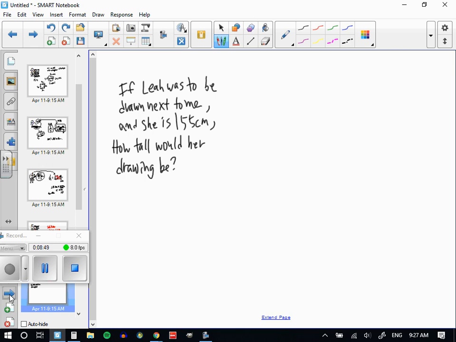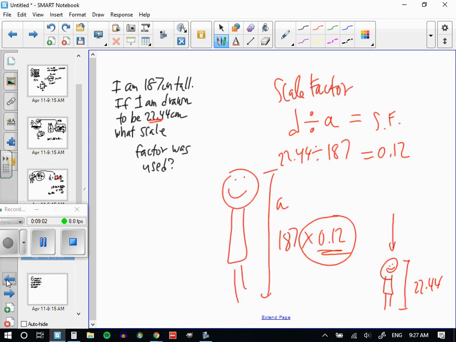And the third part to our little story narrative is if Leah wants to be drawn next to me, and she is 155 centimeters tall, how tall would her drawing be? Well, this is quite easy actually, because we've already determined that the scale factor for the drawing is 0.12.